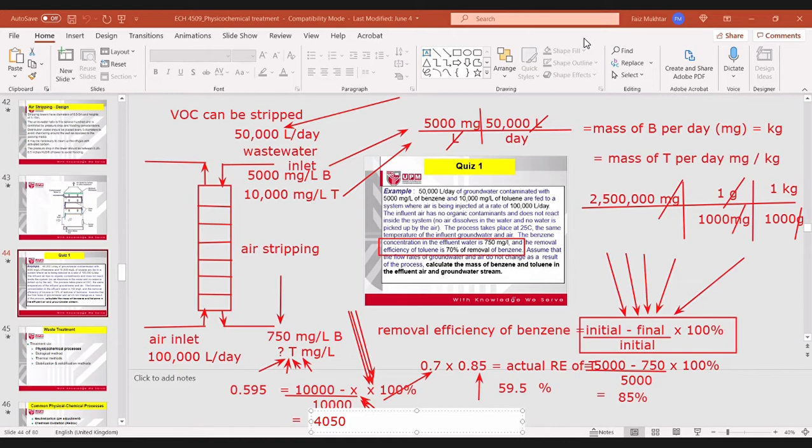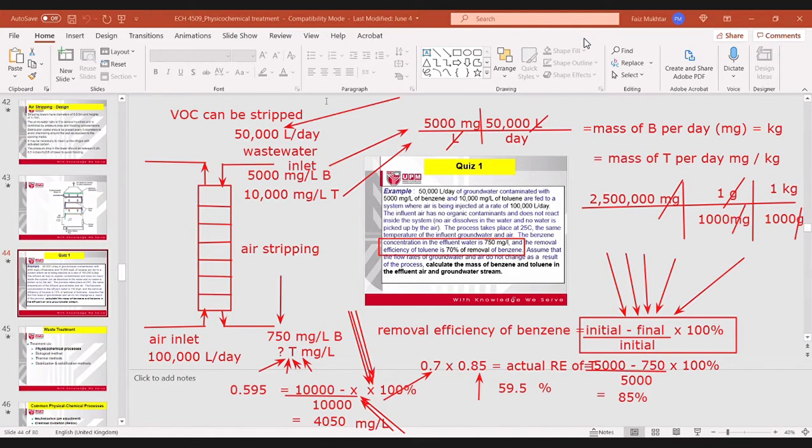Remember, I use concentration here. This is the concentration.